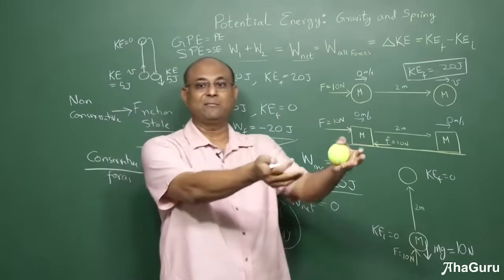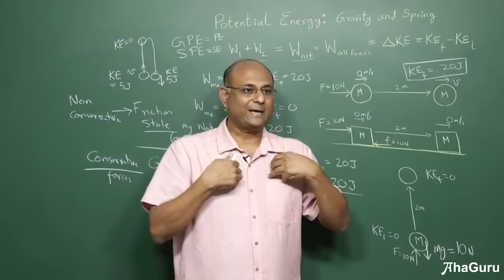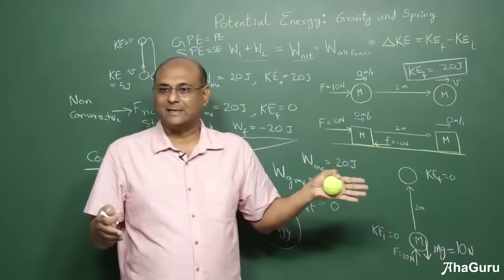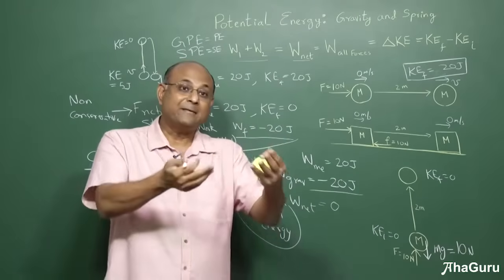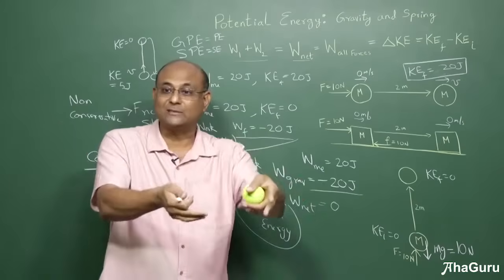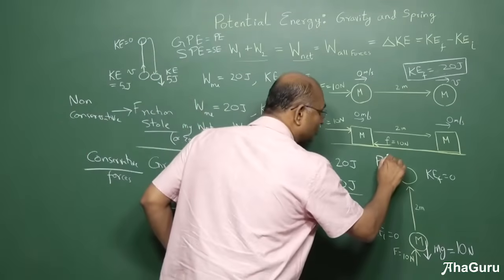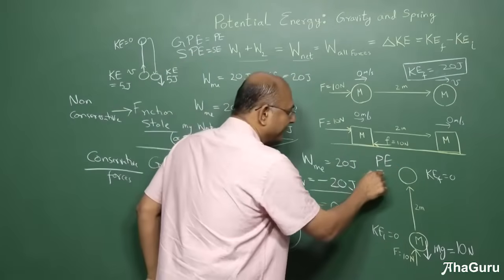Of course, we don't say that language, right? We go there and we say, I gave the bank 1,000 rupees. But if you wanted to do it mathematically, it is the same thing as saying bank gave me minus 1,000 rupees. But when bank gives me minus 1,000 rupees, it's actually taking 1,000 and storing 1,000. Now I want to know how much has it stored. It has stored 20 joules.